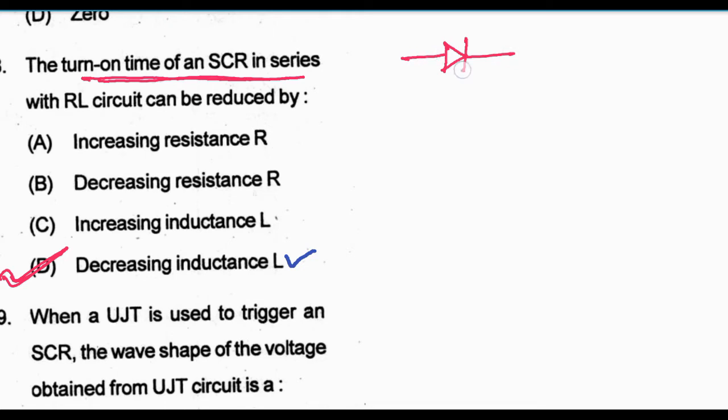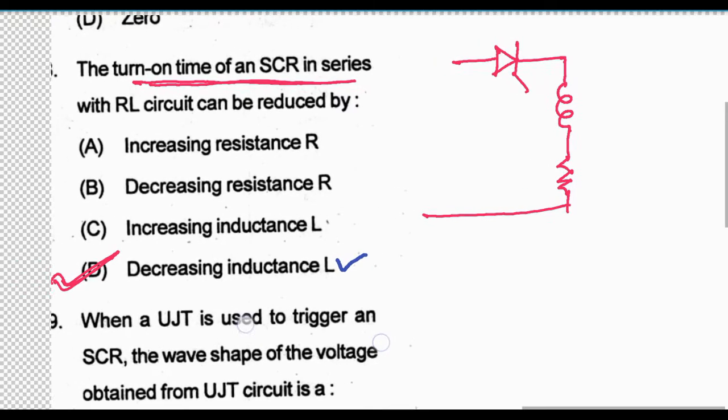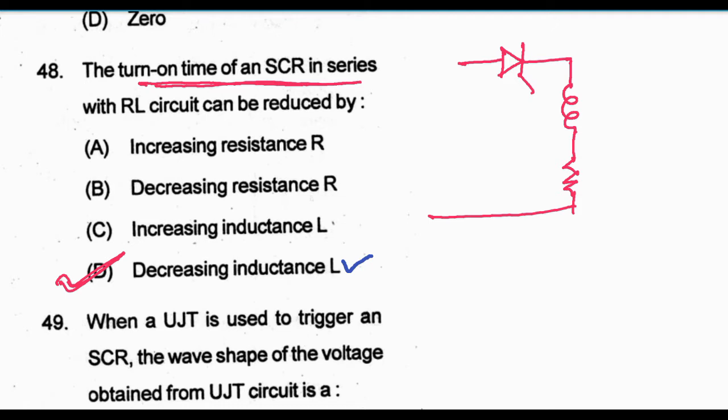Suppose this one is the thyristor, this one is L and this one is R. In this circuit we have to decrease the turn on time of SCR, because due to L the current increasing rate, that is di by dt, decreases, and if we decrease the value of resistance, this value will increase and will help in switching on the thyristor early.